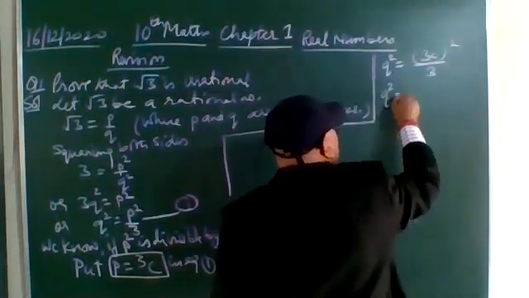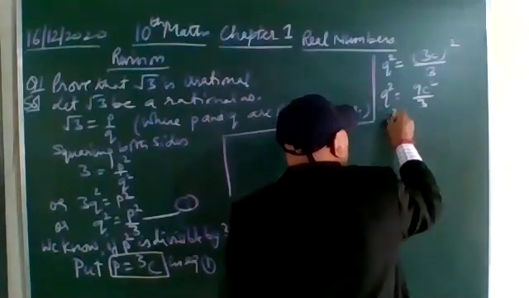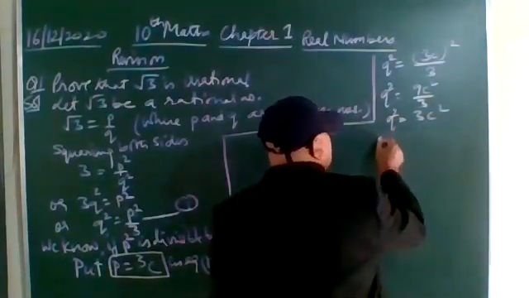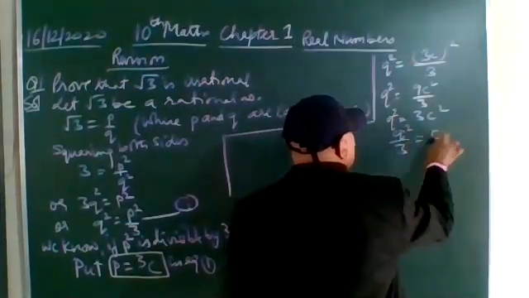So Q square equals 9C square by 3, Q square equals 3C square. So you will say Q square by 3 equal to C square.